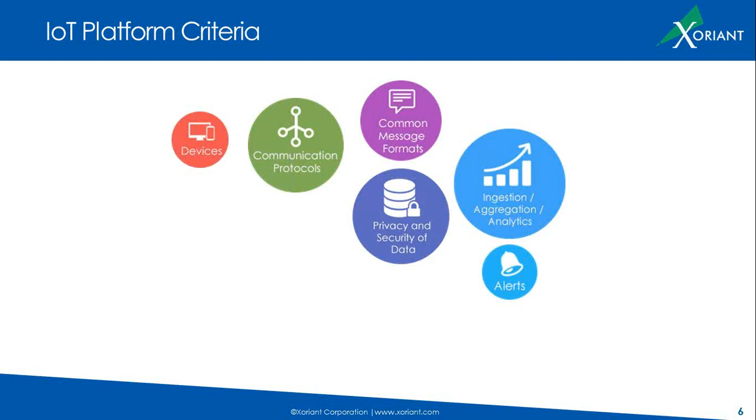So what you need is a good ingestion layer that is able to take the data in both batch format or real-time format, and then you need to be able to query it so that in case there are any alerts that you wish to raise at the edge, or even filter out the data, or aggregate it into any other common formats, you could do it at this layer.